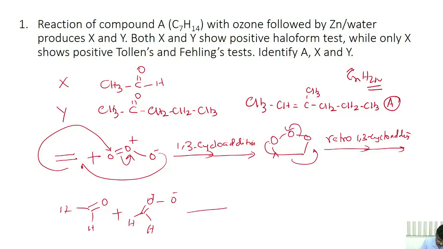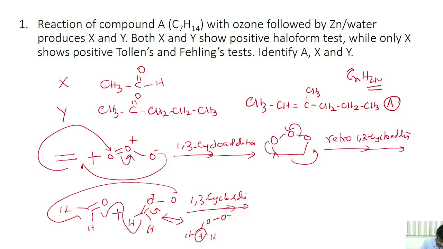This can undergo 1,3 cycloaddition, as this can be written, and you will be able to form the ozonide.